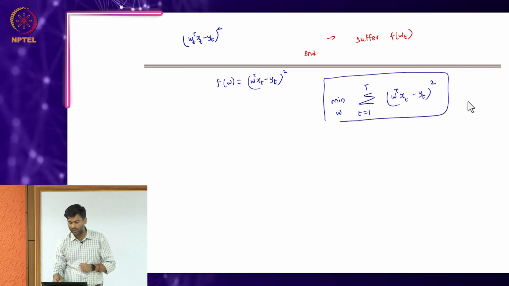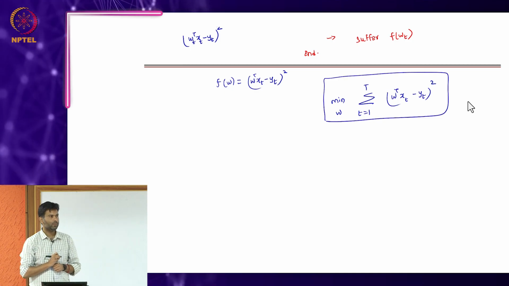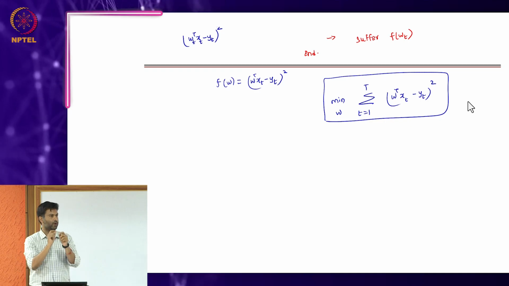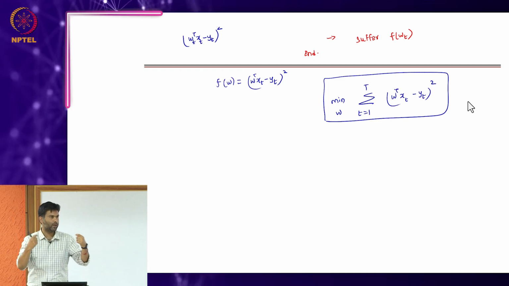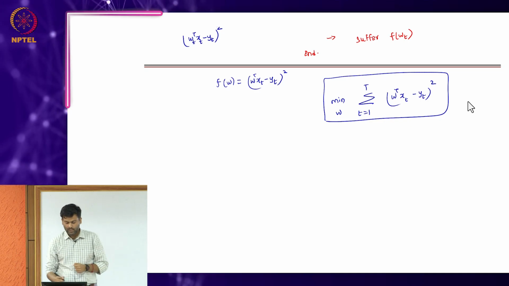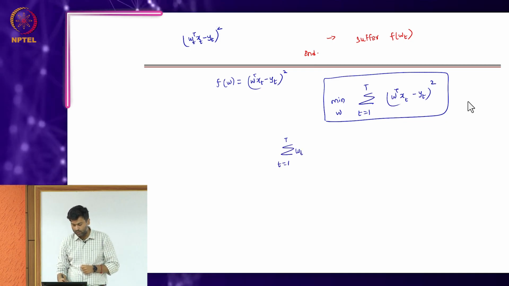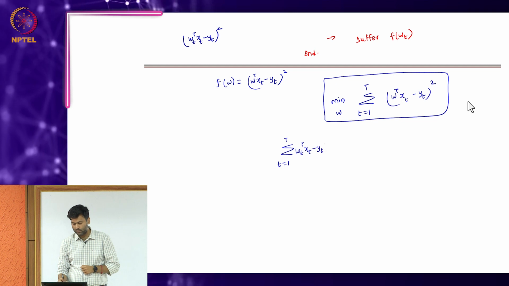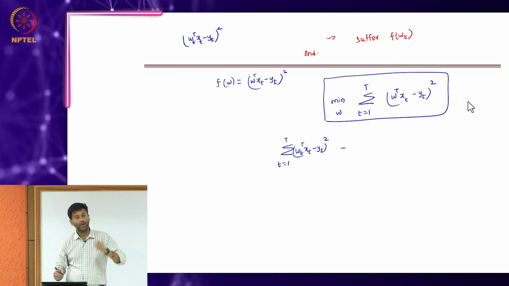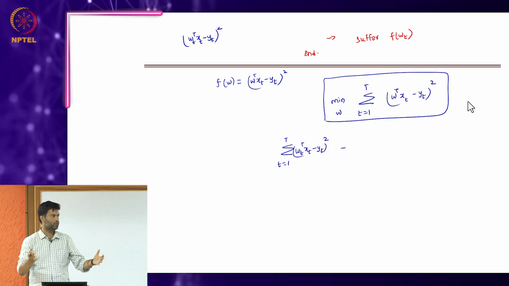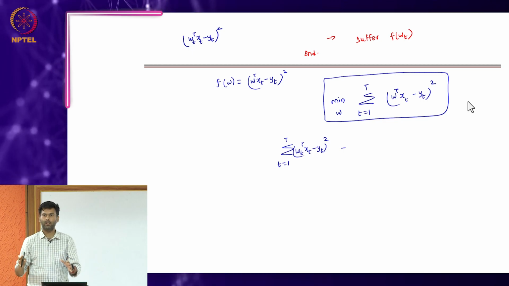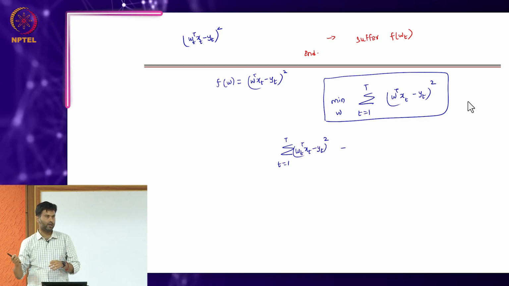This is my standard regression problem. But now I cannot do this because I get the XT one at a time, right. So what I am actually suffering is the sum over t equals 1 to T of (WT transpose XT minus YT) squared, and had I had all the data points together, I would have done a standard linear regression and suffered a certain amount of loss.